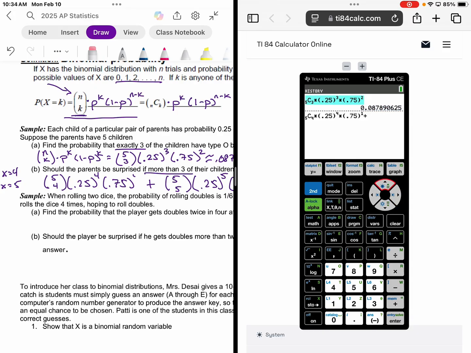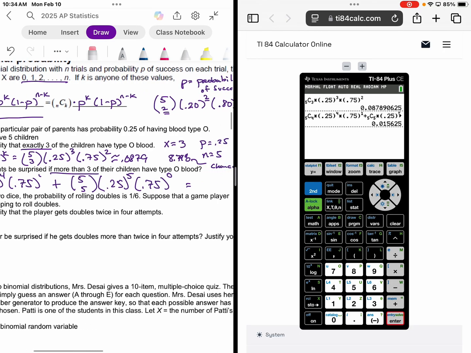If I go up and grab that and hit enter, then it puts it in there again. I'm so smart. Then go back and change that to a 5. It probably would have been faster to just type it in twice separately. Go to 0. There we go. So now I've got them both in there, and I'm going to hit enter.